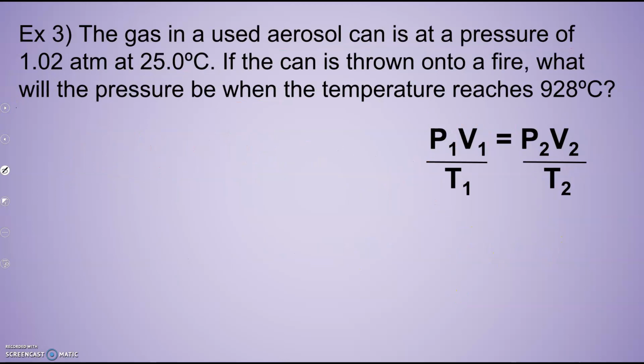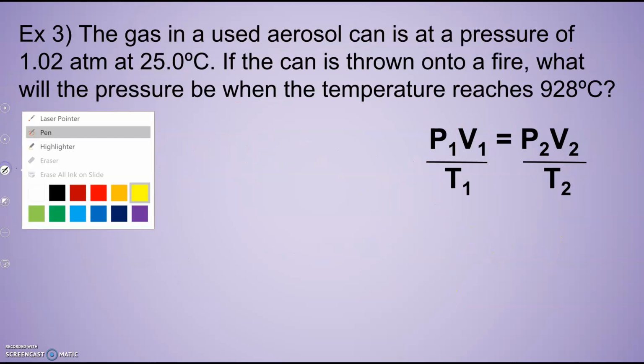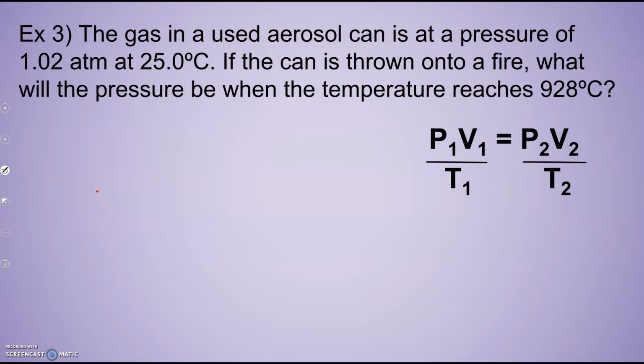All right, last one here. The gas in a used aerosol can is at a pressure of 1.02 atms. So even if you didn't know atms was pressure, it kind of already told you that. So we know this.